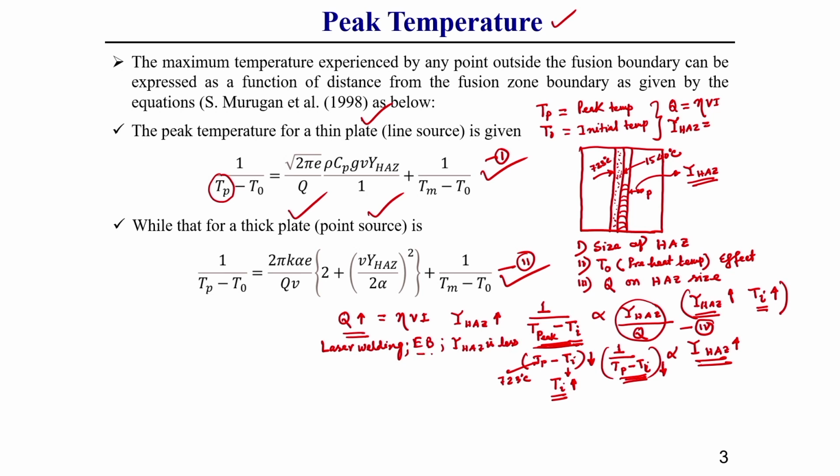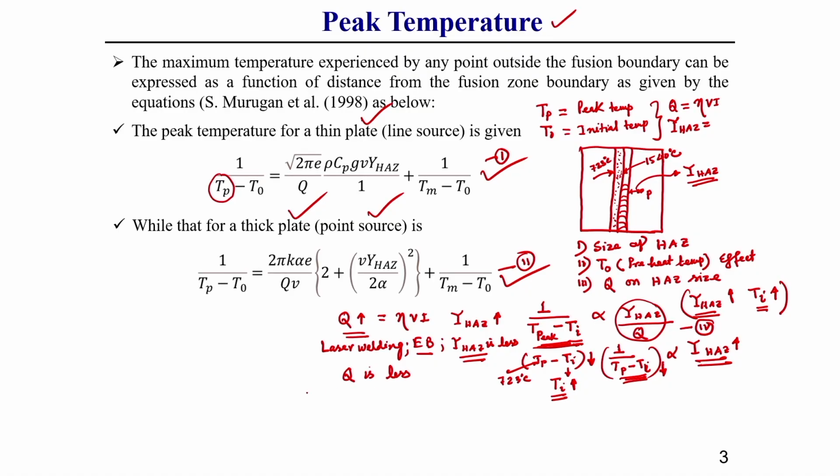Generally in laser beam, electron beam and plasma arc welding, where there is high intensity heat source, the heat affected zone size is less. Why? Because in that case this Q value is less compared to other arc welding processes like submerged arc or SMAW welding process.